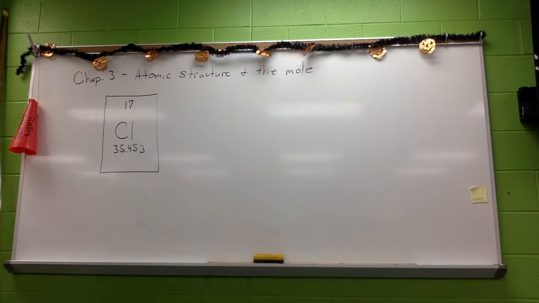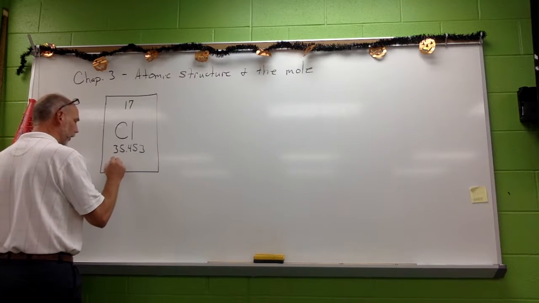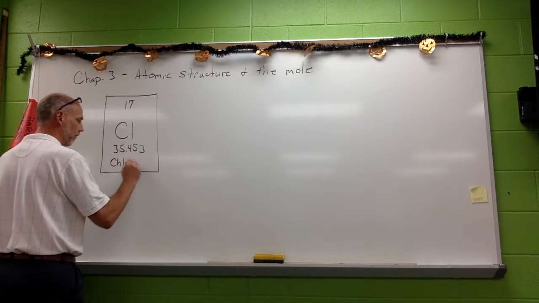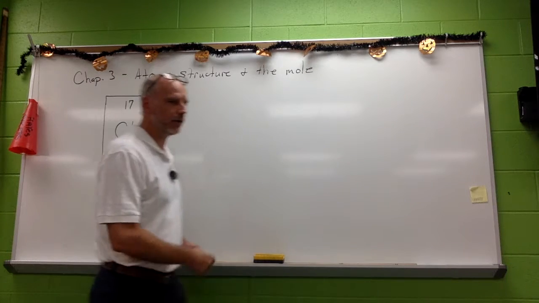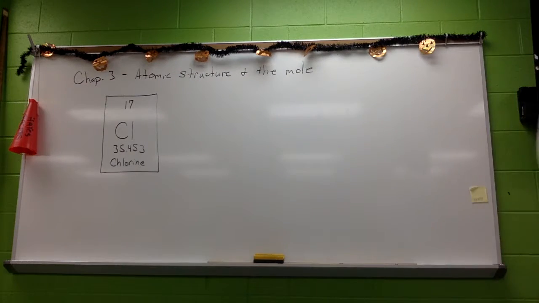That will often be located immediately below the symbol, and then usually below that there is the name. Depending on what periodic table you're looking at, there might be other information on there. But in general, this is the stuff that will typically be on any periodic table. I think that matches fairly well with what you have. Things might be in a slightly different position.